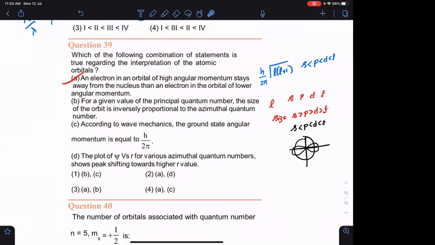So d जो है further थोड़ा outside spread होगा, f जो है और outside spread होगा. So what is happening to the size of the orbital with respect to the azimuthal quantum number? It is getting increased.